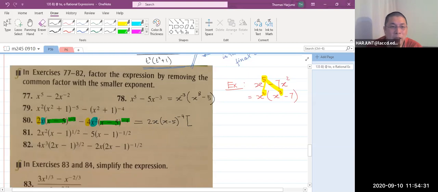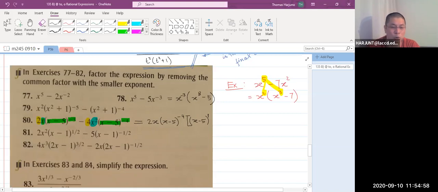Now if I take 2x, 2x is already out, right? But for x minus 5, I took -4 out. So how many x minus 5 are left inside? -4 plus what gives me -3? 1, correct?